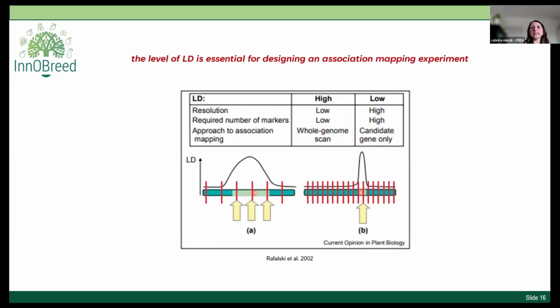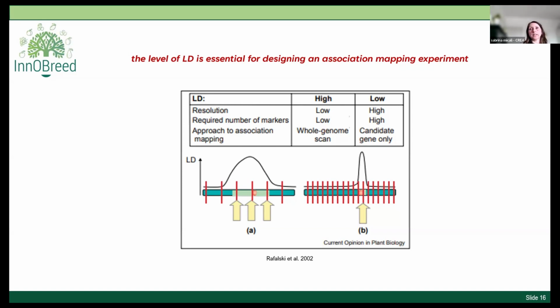The level of LD is essential for designing an association mapping experiment. In fact, you see here that if LD is high, blocks of linkage disequilibrium are larger, so we need fewer markers to characterize and to target each block and to target the gene of interest. In this case, we should have more meiotic events, so more individuals.